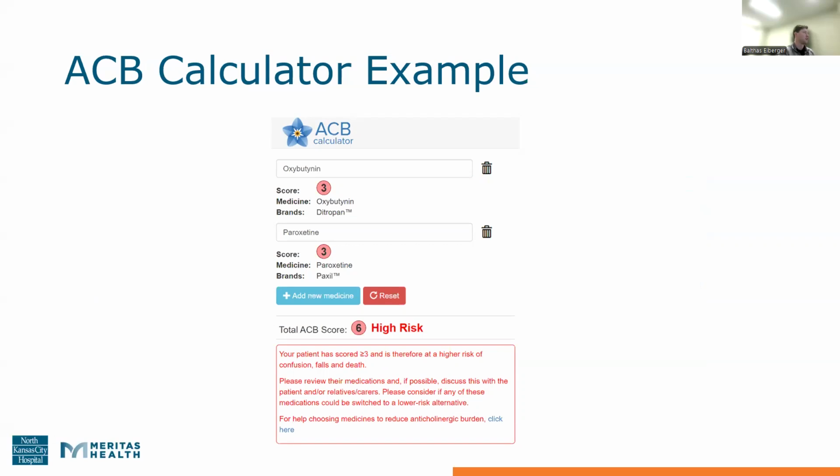You're able to type into this calculator and it gives you a score of how anticholinergic a medication is. I selected two of the ones we discussed earlier, oxybutynin and paroxetine, and those were both listed as high risk. They have high anticholinergic properties.